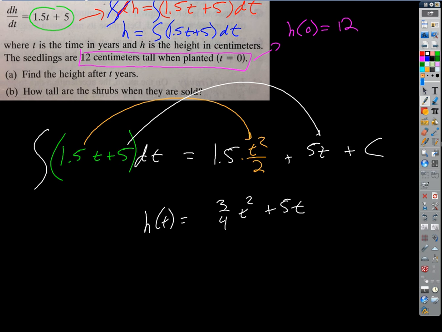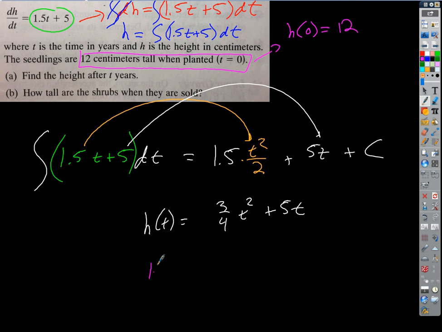And so if we plug in that initial condition, that gives us 12 equals 3/4 times 0 squared plus 5 times 0 plus c, so c is 12, right? In that case.